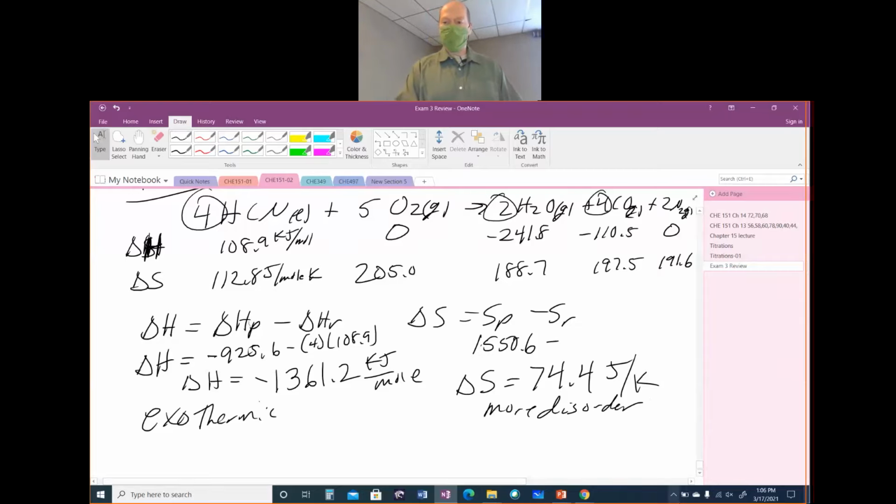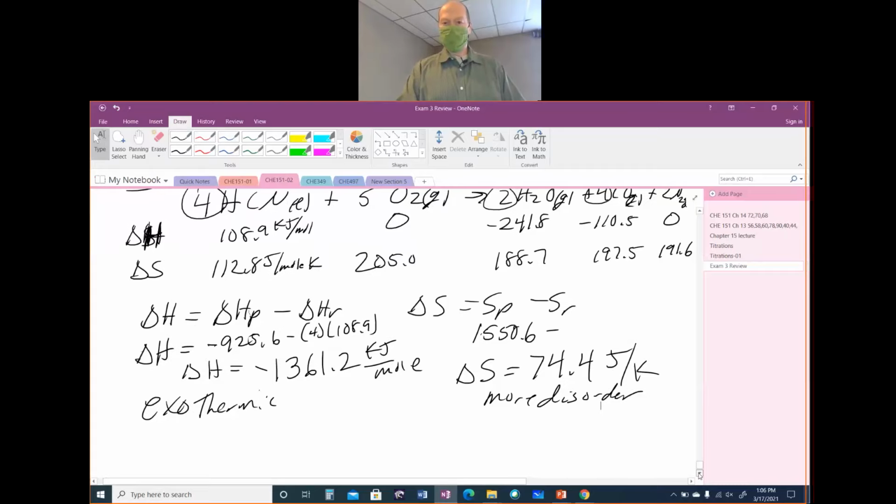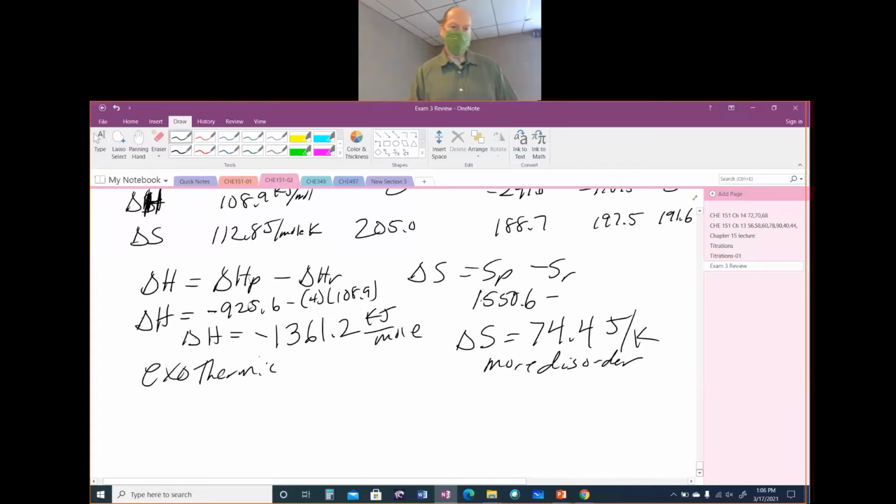All right, so now we want to find our delta G. All right, so what we do know is anytime you have a negative delta H and a positive delta S, what you do know is that your delta G is negative at all temperatures.